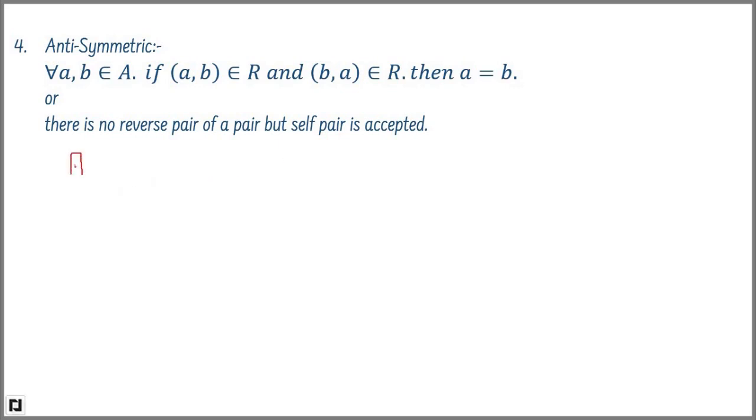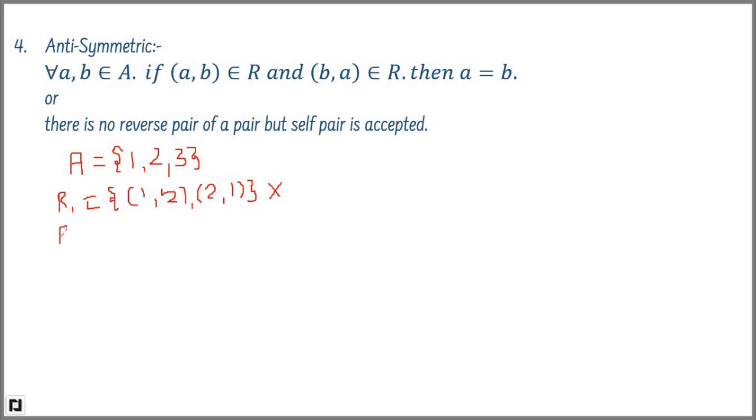If we have a set A which contains elements 1, 2 and 3, and we have a relation R1 which contains pairs (1,2), (2,1), then this relation R1 is not antisymmetric.